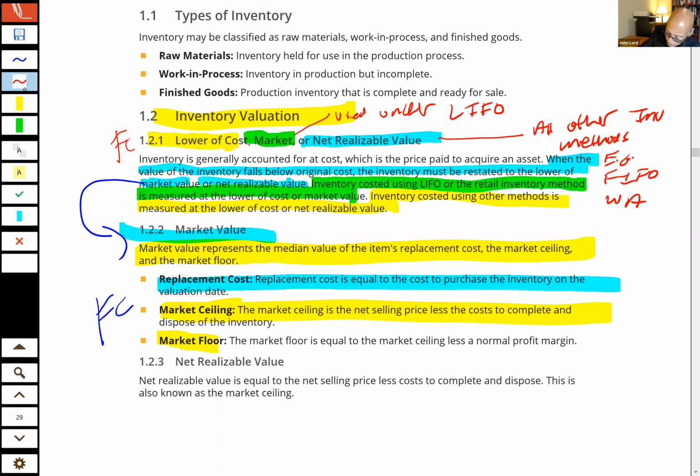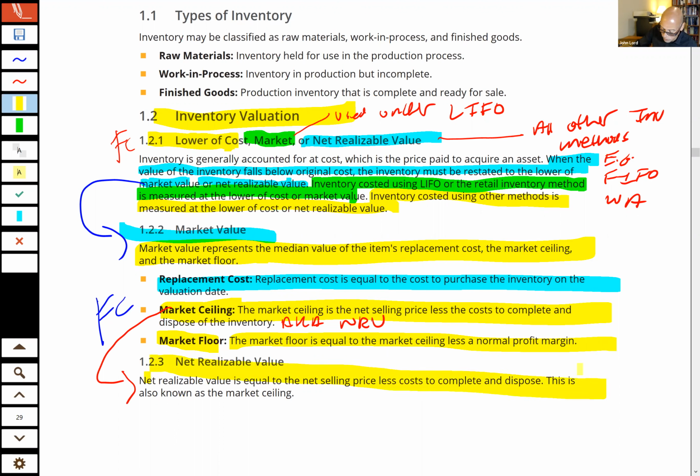That is AKA net realizable value. NRV is net realizable value. Market floor is the market ceiling that we just calculated less a normal profit margin. Net realizable value is equal to the net selling price less cost to complete and dispose.